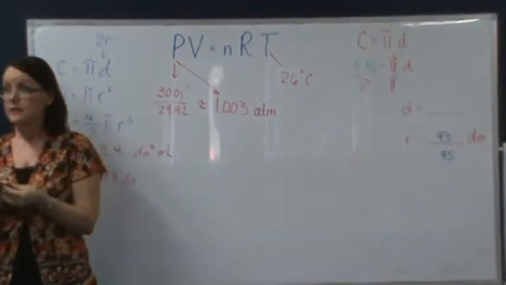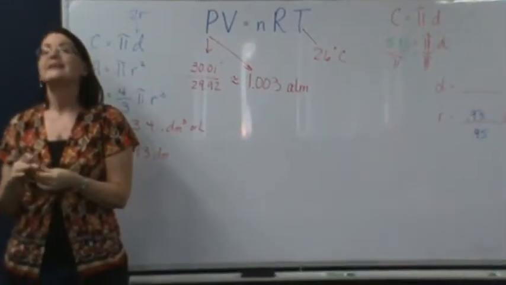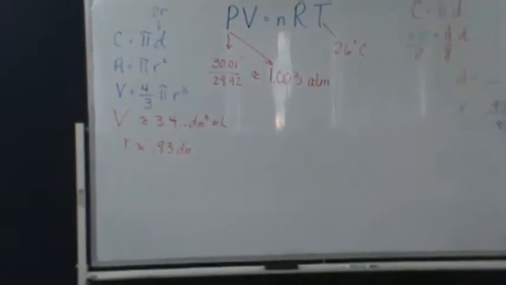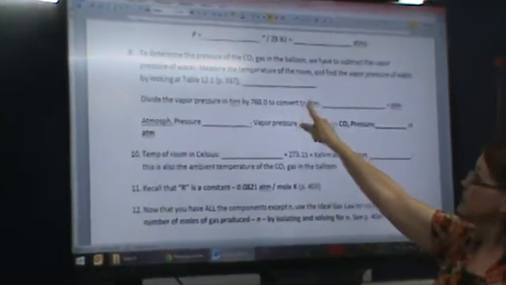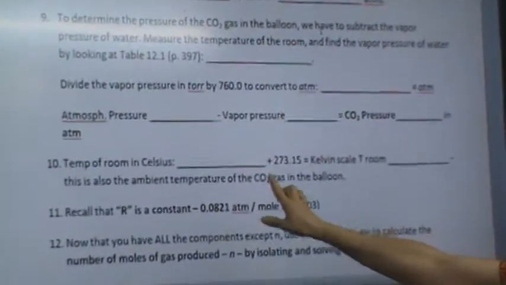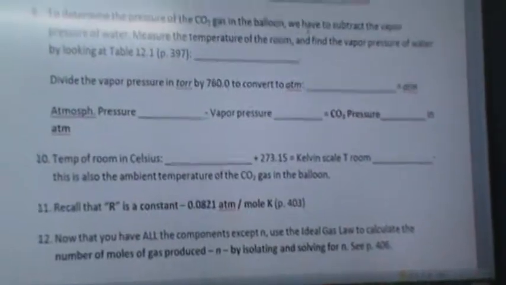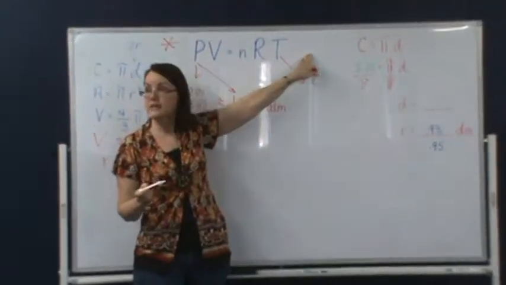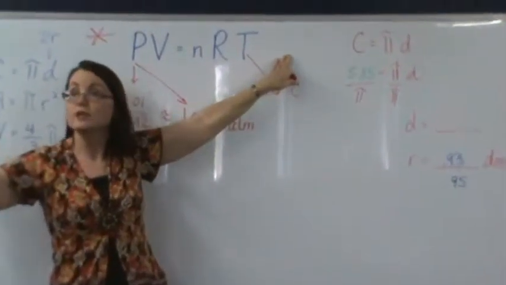Yes? Don't we have to convert the Celsius to Kelvin? Yes, and it is on the handout. Okay, so we've got the pressure. This is a standardized formula, right? And she's right that we measure in Celsius, but the formula uses kelvins.